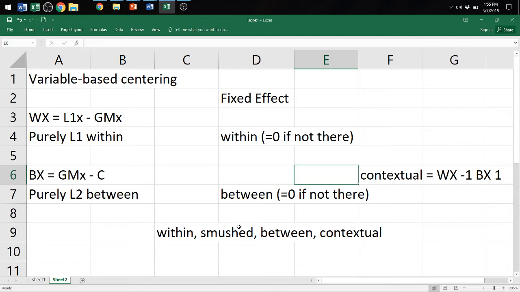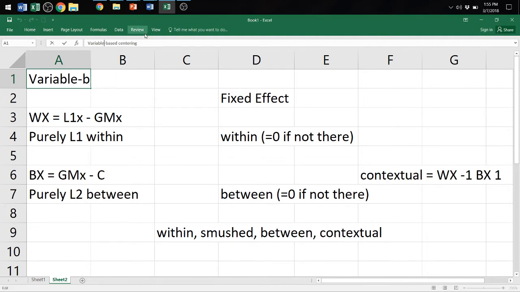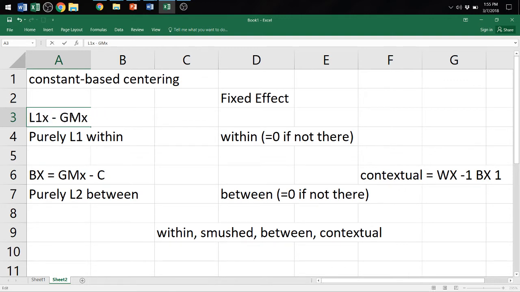Now, how does the story change if we change the way we've centered? So let's do it. Constant-based centering. And I'm just going to call that level 1x.